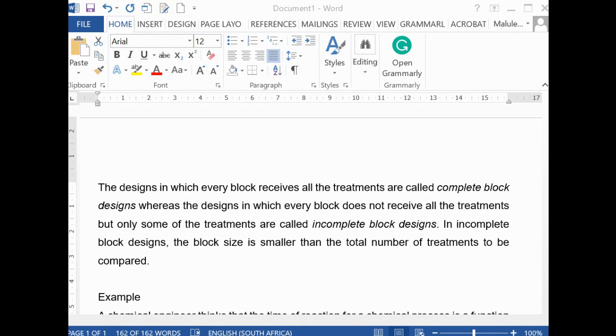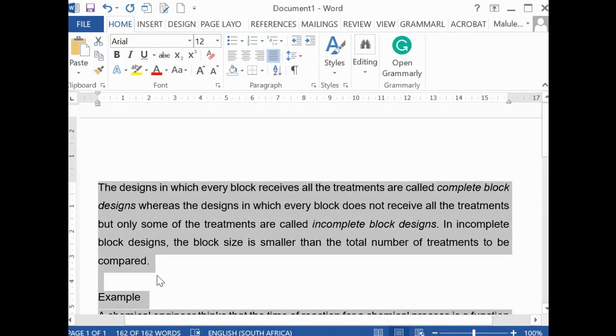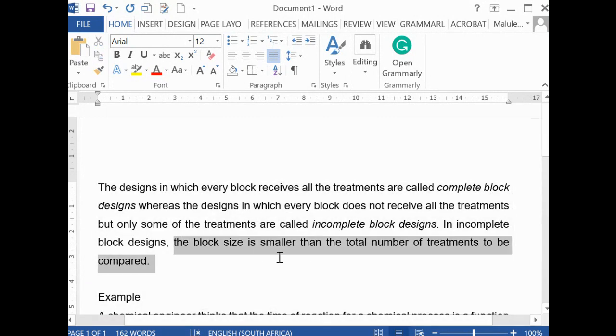Even this part is there from the notes: there's this condition, the block size is smaller than the total number of treatments. This statement is there.